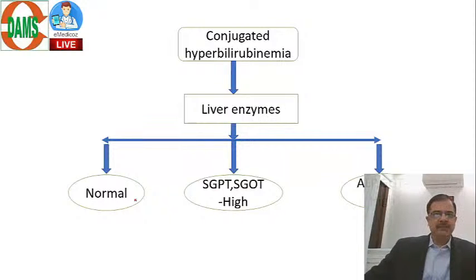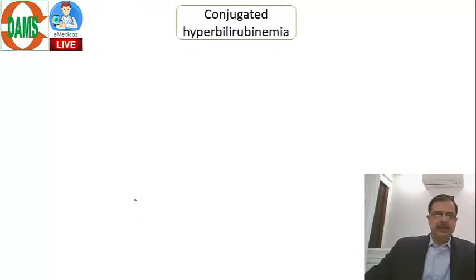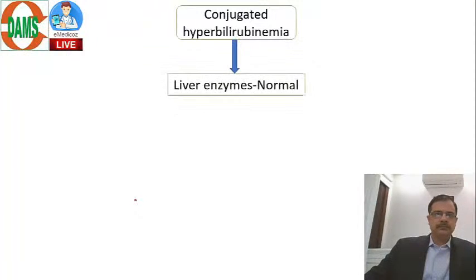So conjugated hyperbilirubinemia, go for the liver enzymes: normal, or SGPT, SGOT high, that is inflammatory enzymes, or obstructive enzymes, ALP or gamma GT. So first possibility, conjugated hyperbilirubinemia, liver enzymes are normal. This is the possibility given to us.